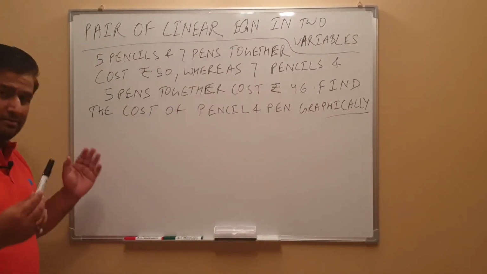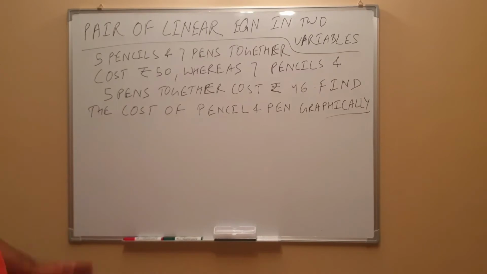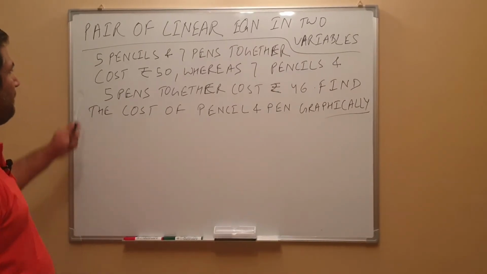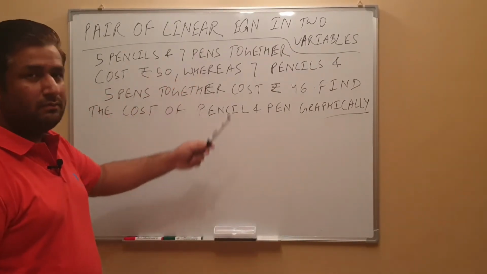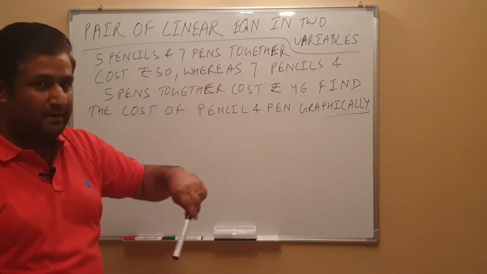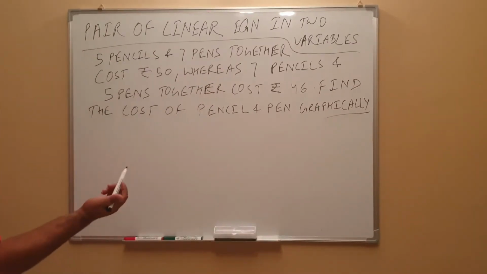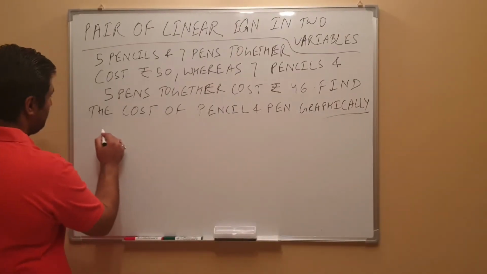First of all, we have to understand how we form a linear equation. Here there are two unknowns, the cost of a pencil and the cost of a pen.